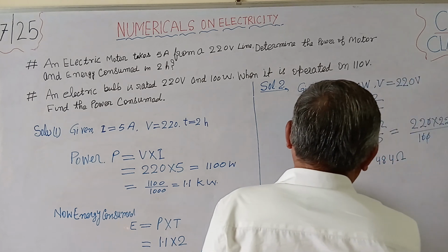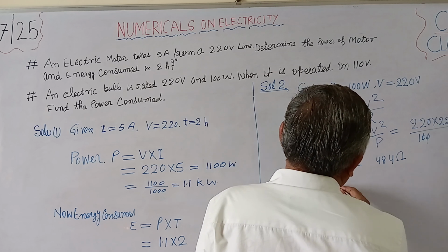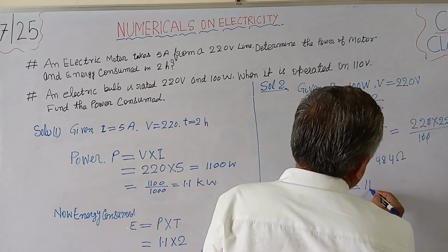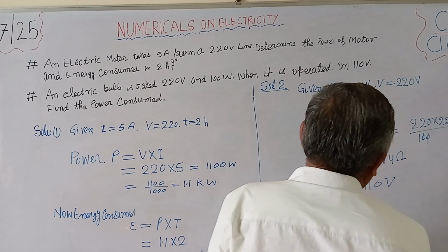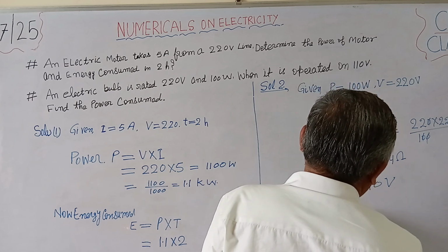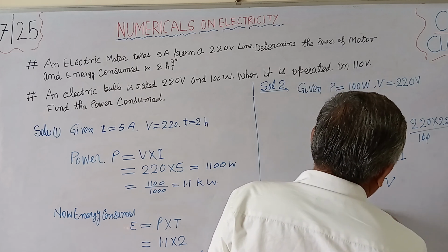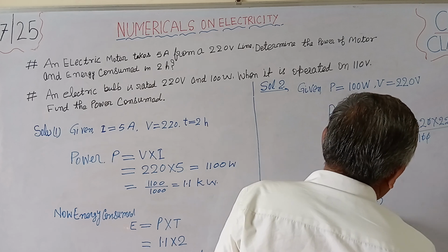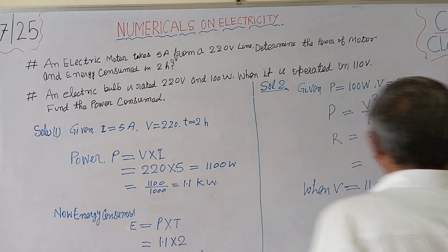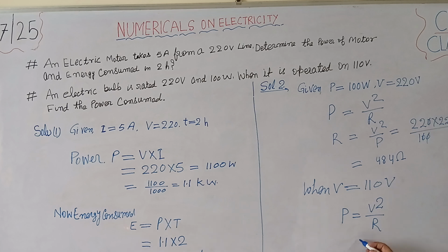Now in this case, when V equals 110 volt, the formula we know is that power is V square by R, the same formula. Here V square means 110 square. Now the voltage has changed from 220 to 110 volt. We will calculate on the basis of the given information, upon 484.